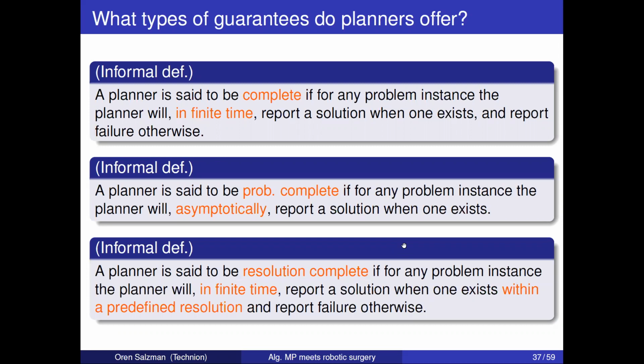A resolution complete algorithm is one that in finite time will report if a solution exists within a predefined resolution, or report failure otherwise. This is kind of hand-wavy, and the devil is in the details. What does it mean, within a predefined resolution? And what does a resolution even mean, especially looking at the differences between holonomic and non-holonomic systems?